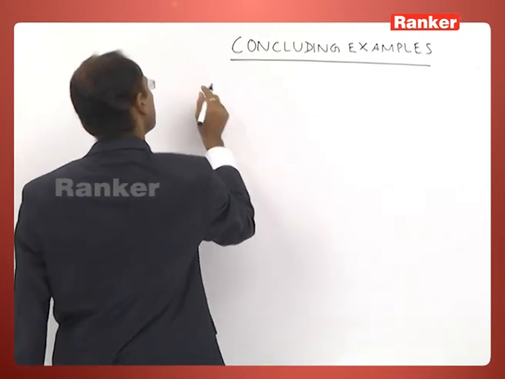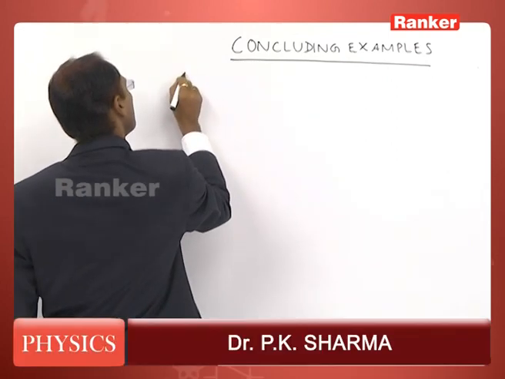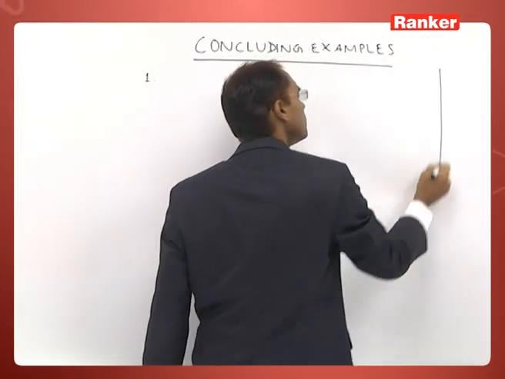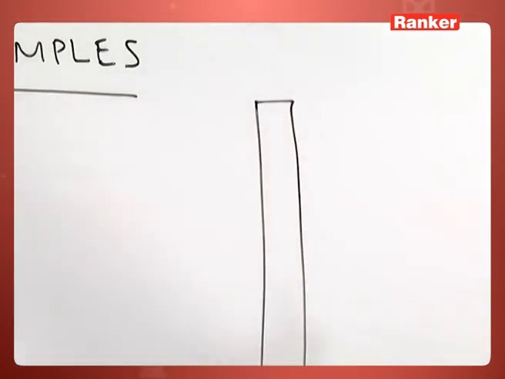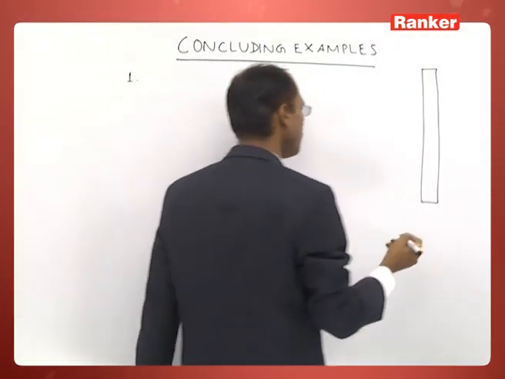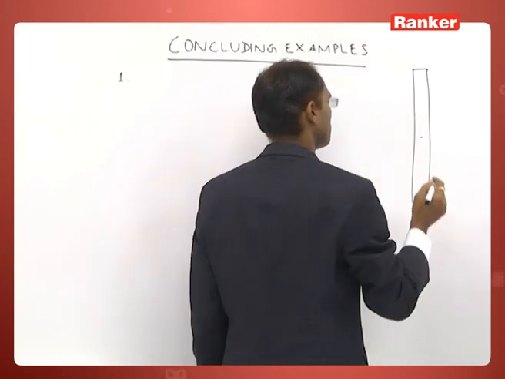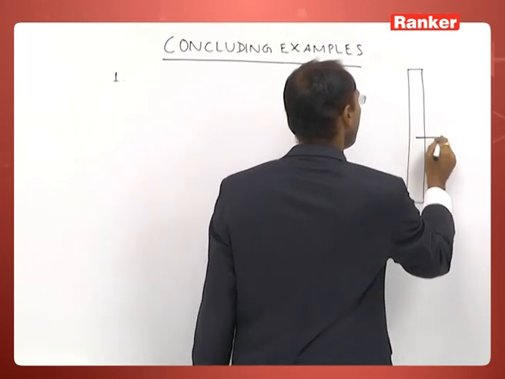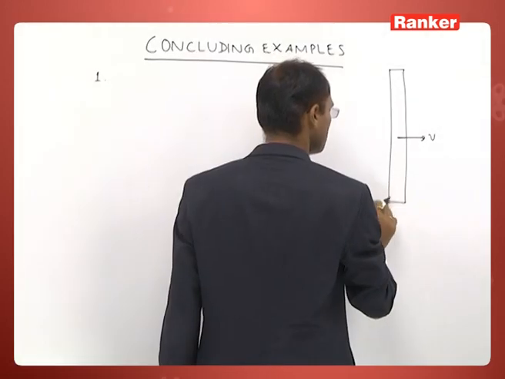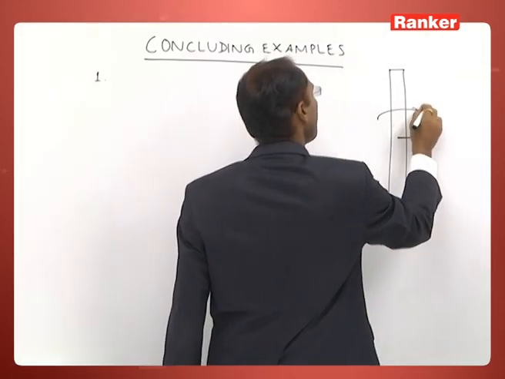Let us take an example of collision of rigid body, say the rod, which moves with velocity v and angular velocity omega.